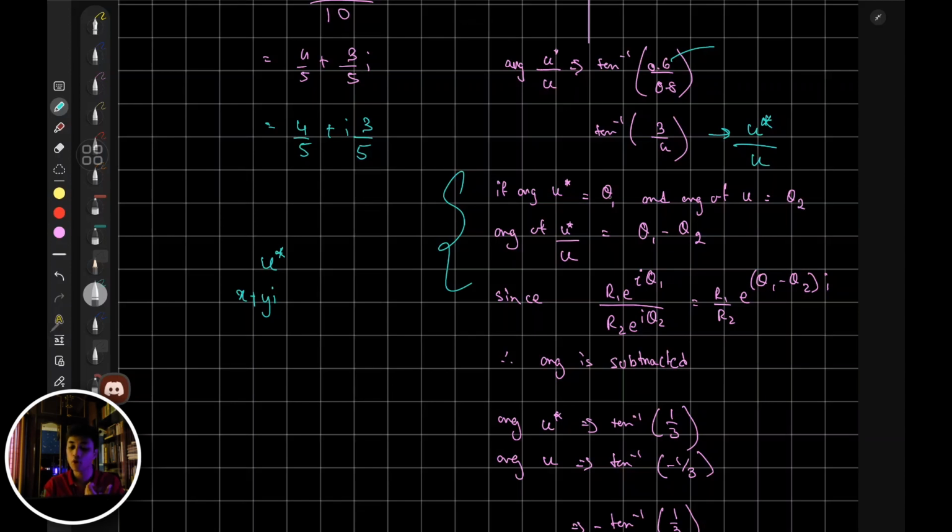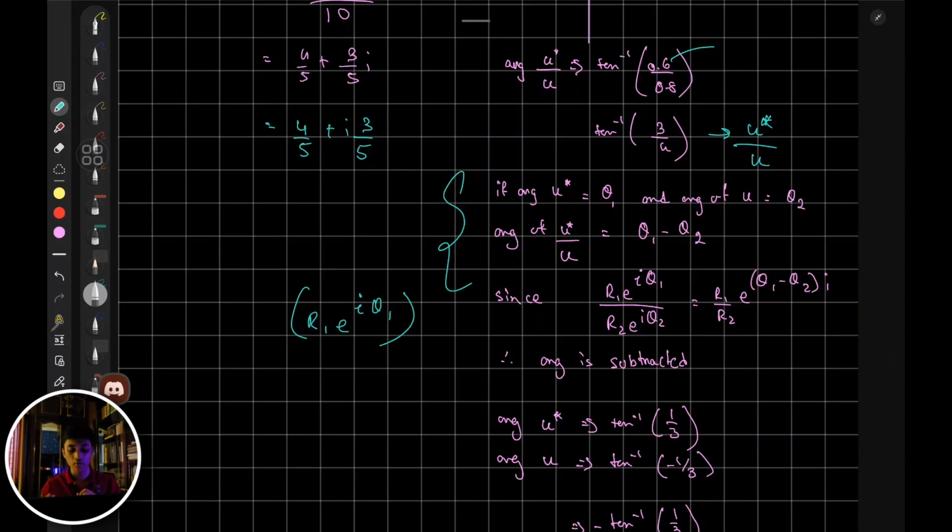Let's say u conjugate has an argument of theta 1 and it has a modulus of r1, meaning it has a distance of r1. So you express it as r1 e to the power i theta 1.